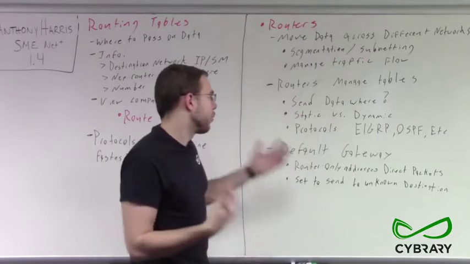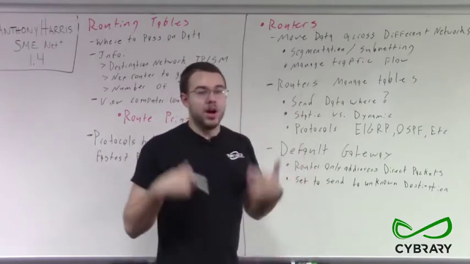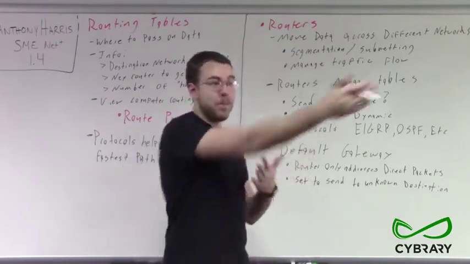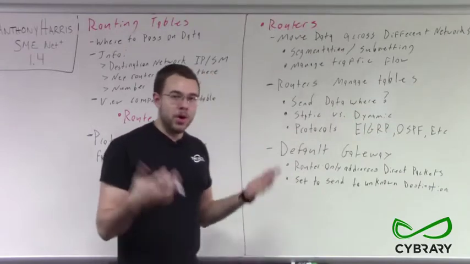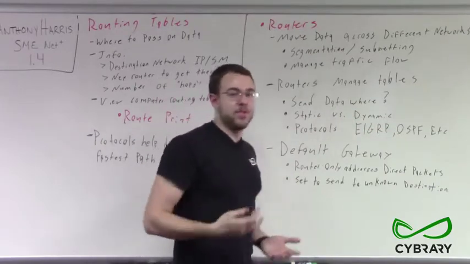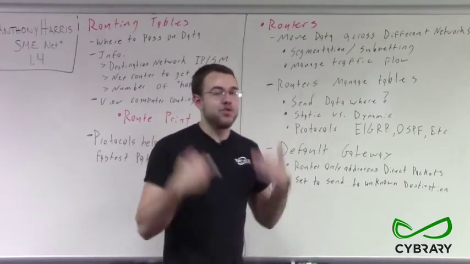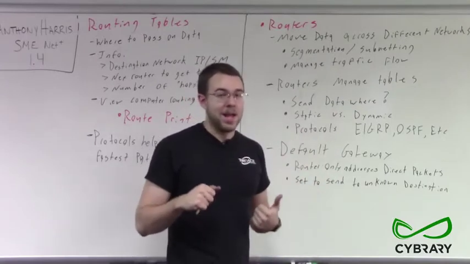Just like with our routing table, with our routing path, we may have a link connection that allows for the greatest amount of bandwidth, and it's the most direct path to where we need to go. So why wouldn't we choose that every time? Well, maybe during certain peak hours or certain times of the day, that road has a lot of traffic on it, and it's going to take us a long time to get there and to get a packet back.